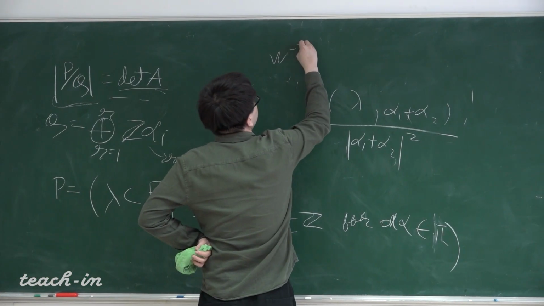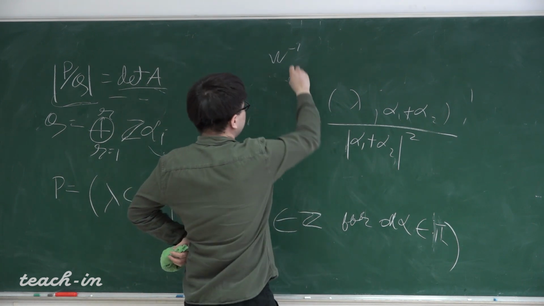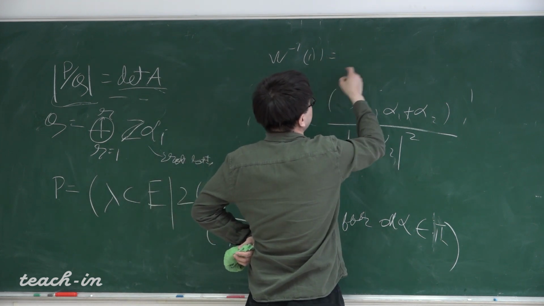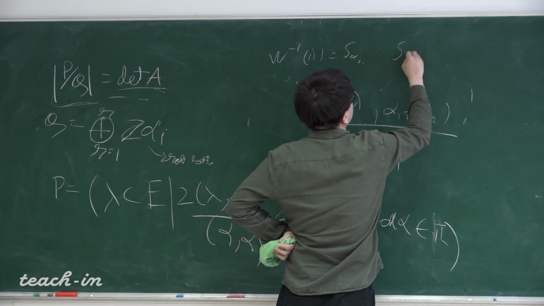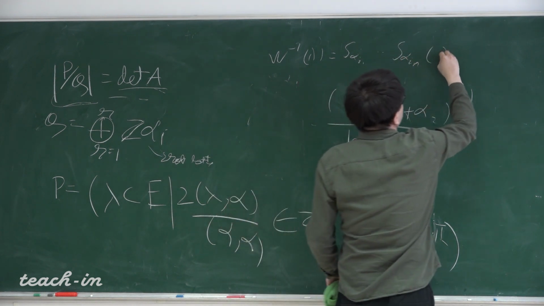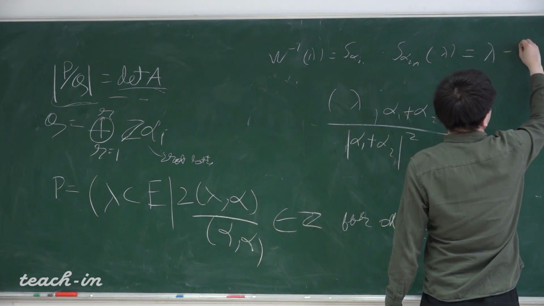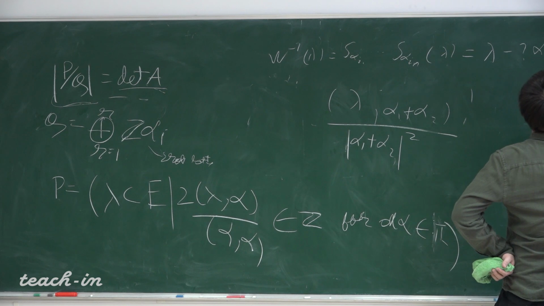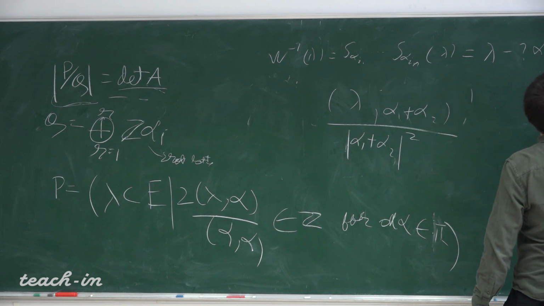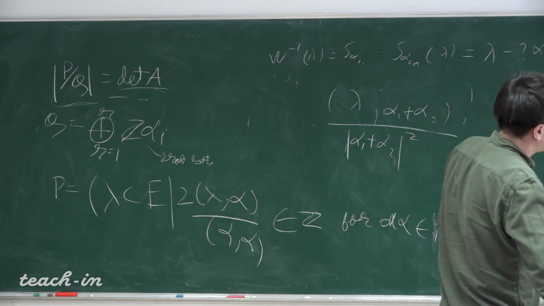The inverse is also an element in the Weyl group, so this is also some S of I1 and 2 of B, with some integer coefficient alpha 1. Right, so we get it.